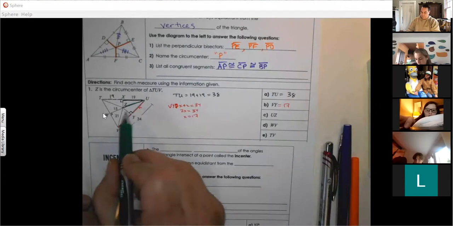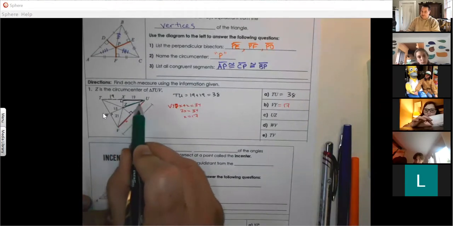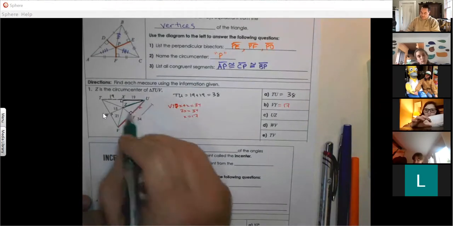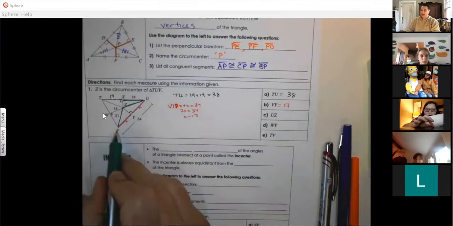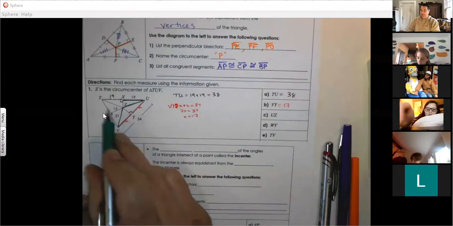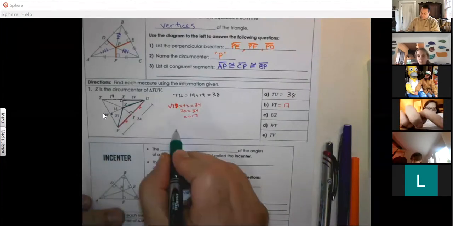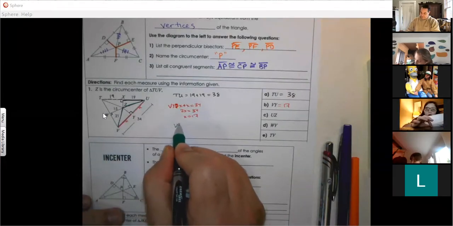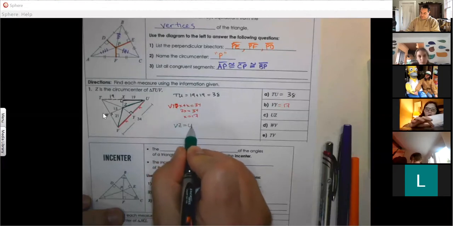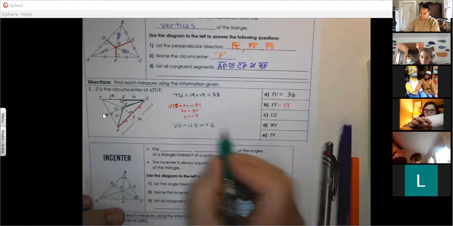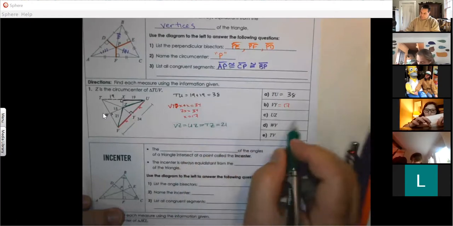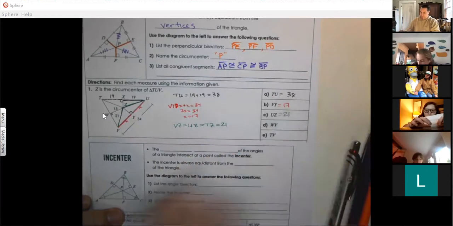This is conclusion. This is saying how far is it to this vertex? And they give you that it's 21 to this vertex. So shouldn't it be the same? Because VZ should be the same as UZ, should be the same as TZ. In this case, that would be 21. So UZ would be 21.